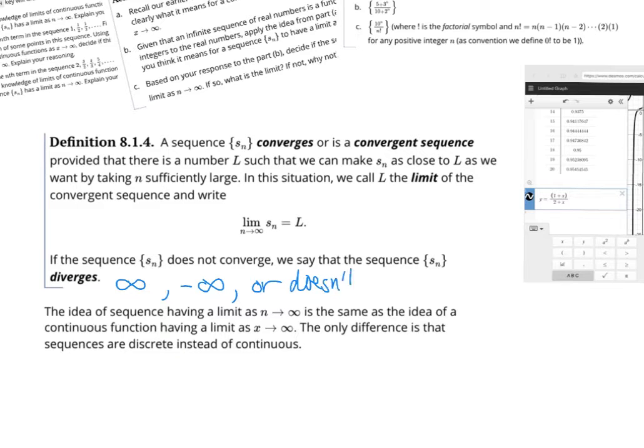The doesn't exist case usually involves some sort of oscillation that doesn't seem to land on anything. So the idea of a sequence having a limit as n goes to infinity is the same as the idea of a continuous function having a limit as x goes to infinity. The only difference is sequences are discrete, functions are continuous. This is essentially the answer to the previous activity that we were talking about.